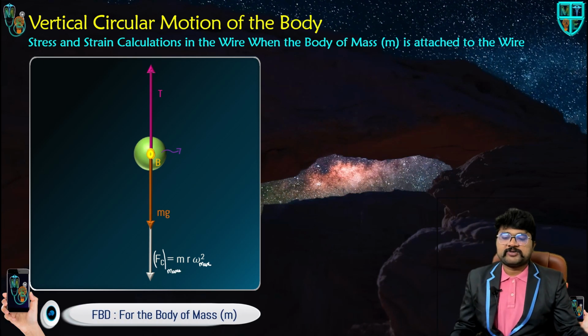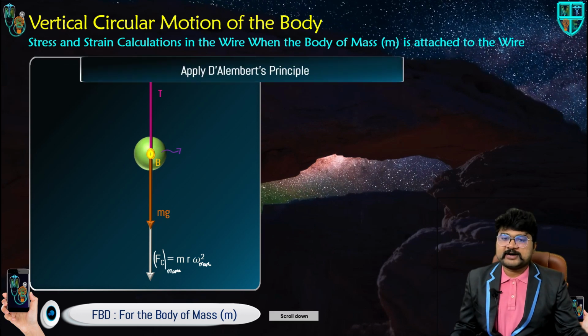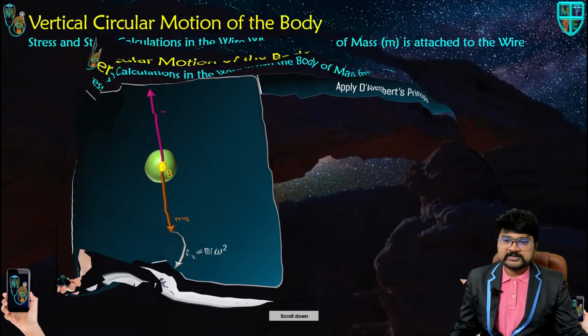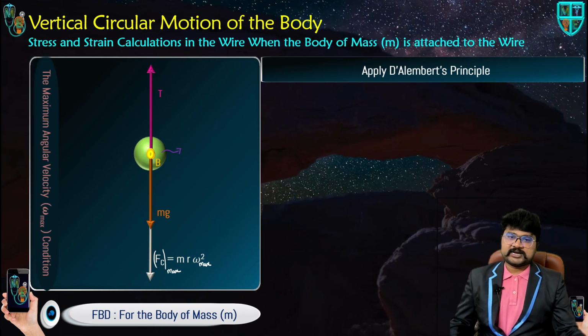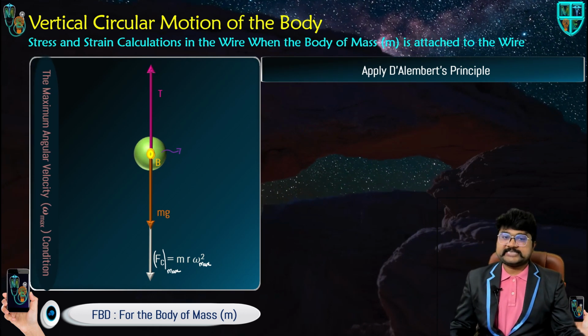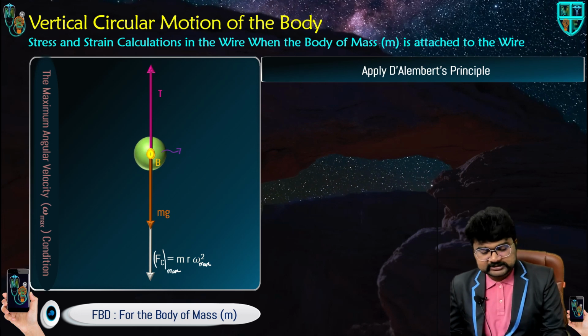Free body diagram for the body of mass m. We need to apply D'Alembert's principle. This is at maximum angular velocity condition, and when the body is at bottom of the circular path.